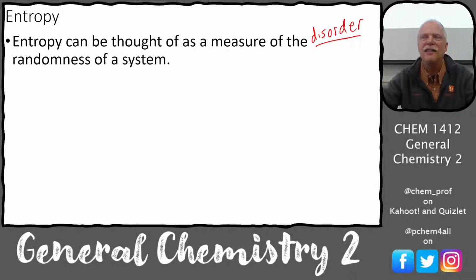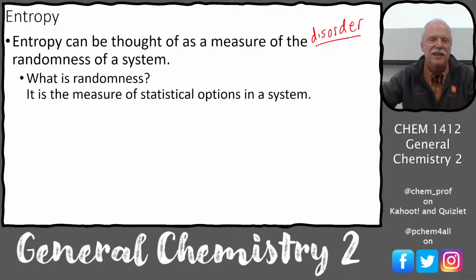And I don't think this is well explained in any of the other courses. Okay, so I'm excited about this part. I will give you an idea of what randomness is. It's this next line here: the measure of the statistical options in a system. How many statistical ways, once the puzzle is done, can you make that situation?